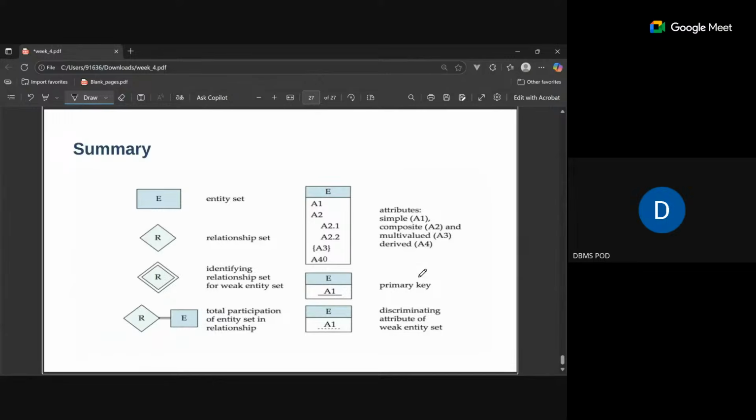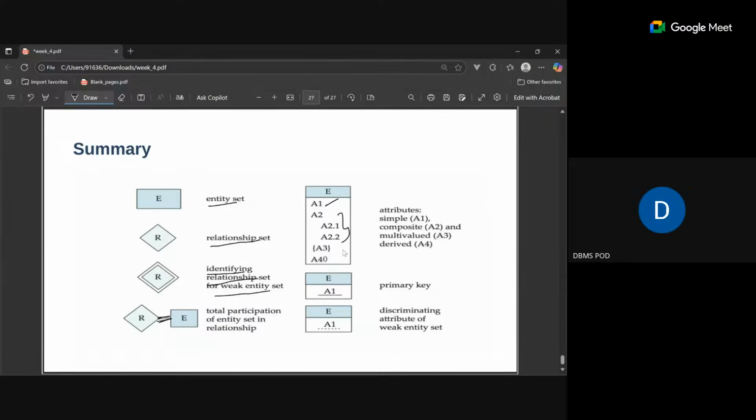And this is the summary of what we have seen today. This rectangle represents entity set. This diamond represents relationship set. This double diamond, as I said, is the identifying relationship set for a weak entity. And this double line says total participation. And if they have given it in the form of a table, this is a simple attribute.